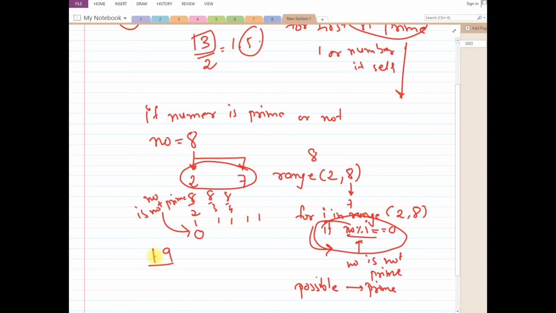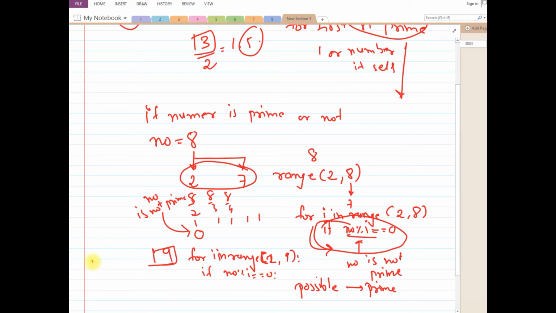If I take the example of 9, I write a for loop, for i in range, let us say 2 to 9, if number percentage i equal to 0, then do something.